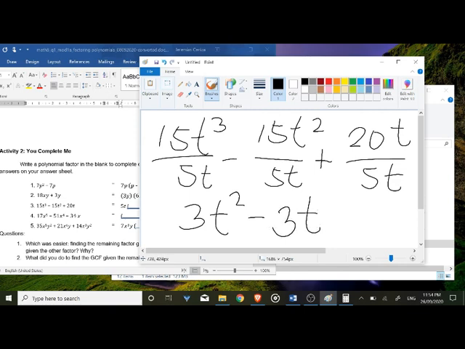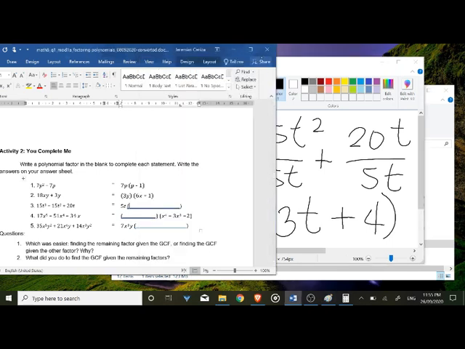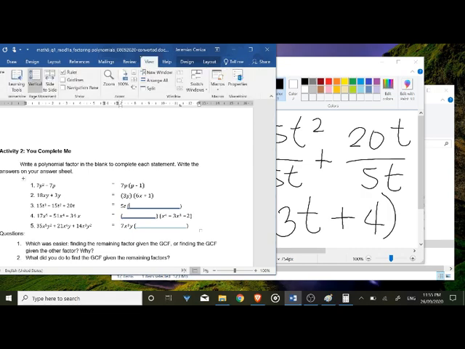Kasi t squared over t, that's the exponent, subtract the exponent 2 and 1. Plus 20 divided by 5, that's 4. Then t over t is 1. So this is the missing factor. So sulat nyo lang si missing factor.